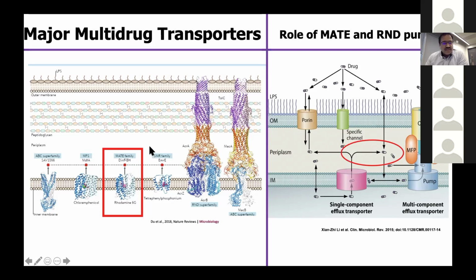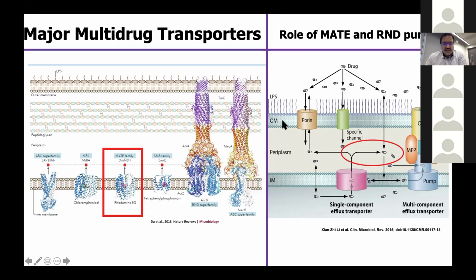The role of the single component systems, including the MATE transporter, which is the multidrug and toxin extrusion family transporter, is to feed the antibiotics to the RND transporter. It takes the drug from the cytoplasm and pumps it to the periplasm in gram-negative bacteria. And from the periplasm, the RND transporters capture the drug and send it to the external site.